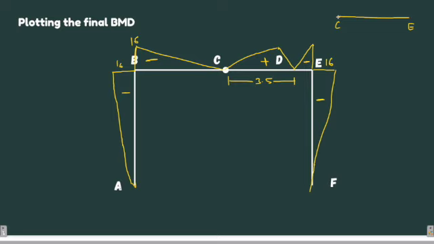You might find it somewhere like this as well, because we are drawing the negative portion on the top of the frame, and this is positive. Somewhere you will find it like this or like this, or as I have drawn it.